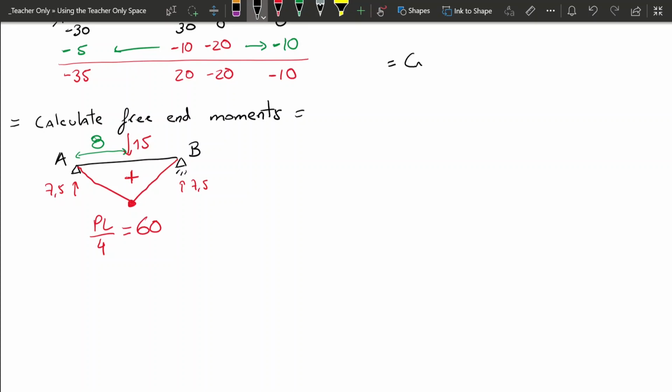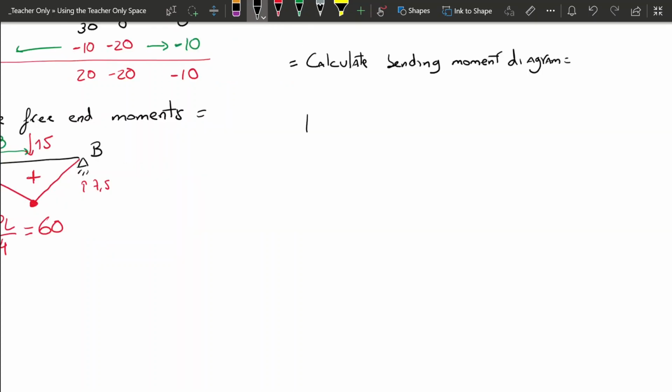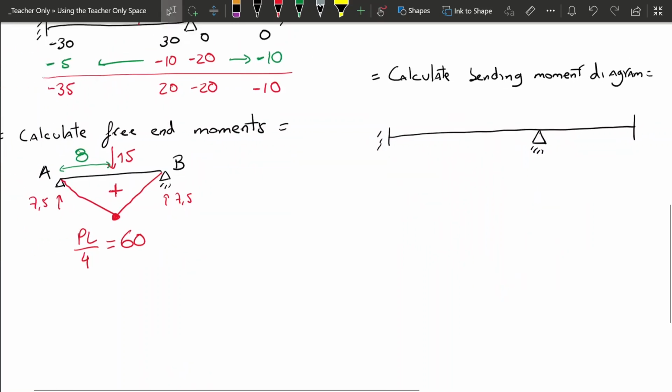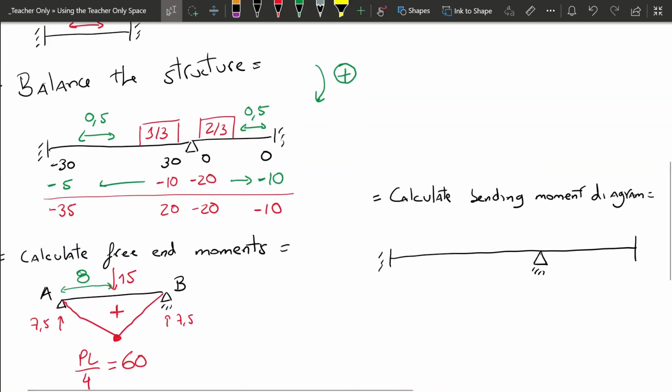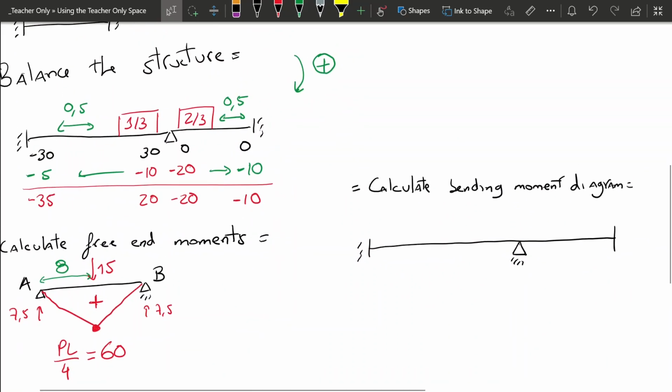I'm going to do it here on this side now. So I'm just going to draw my structure, and now I'm going to put the moments that I get from this table, the ones after I balance the structure. So I know I have minus 35 here on the left. Again, minus means that it is counterclockwise, which also means minus in the bending moment diagram.